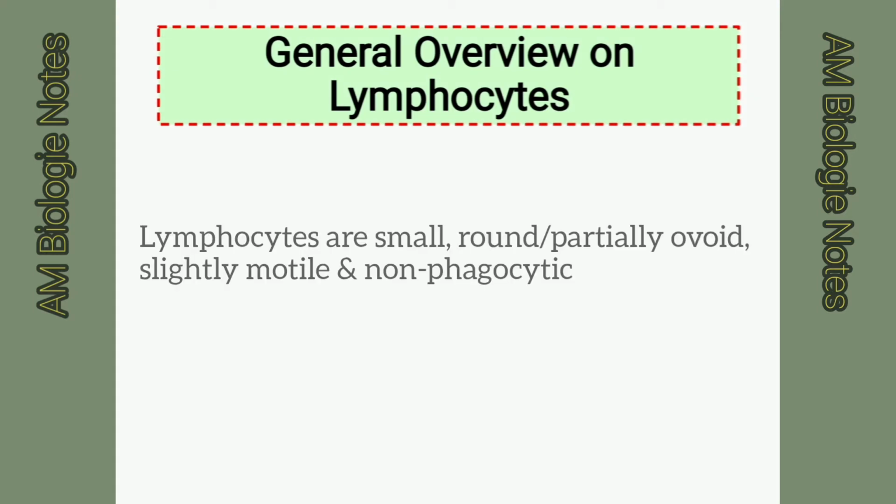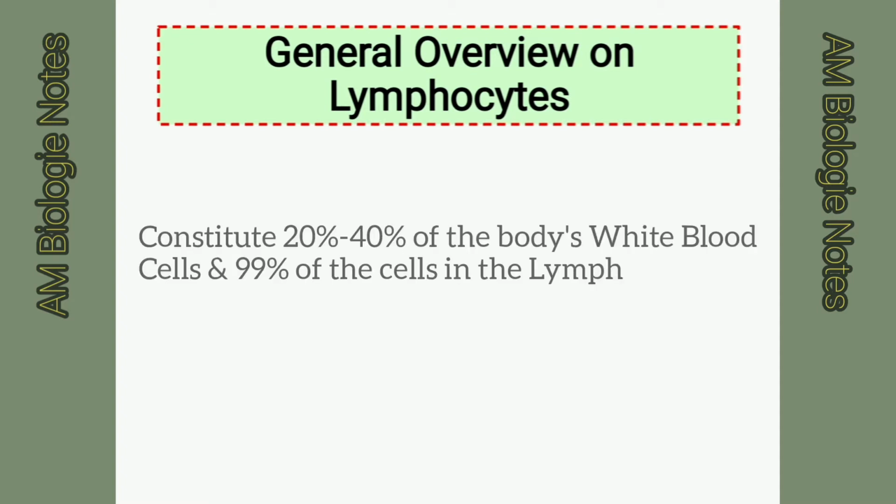General overview on lymphocytes. Lymphocytes are one of the five different types of leukocytes in blood. They are small, round or partially ovoid, slightly motile, and non phagocytic. They constitute 20 to 40% of the body's white blood cells and 99% of the cells in the lymph.